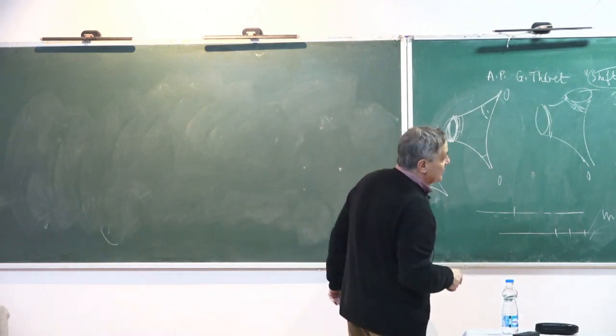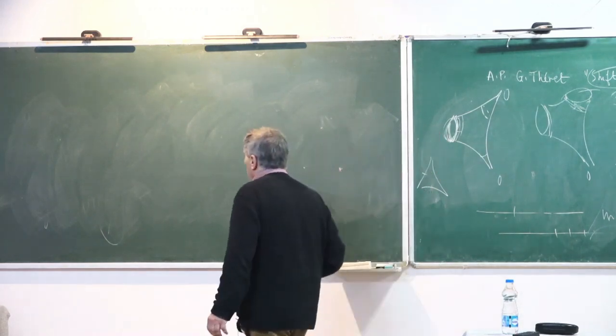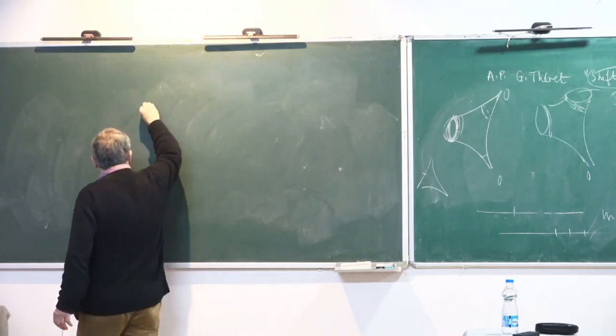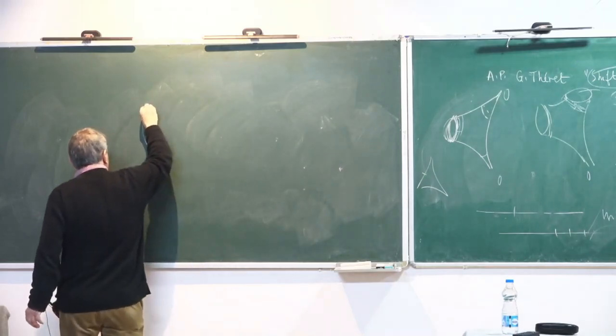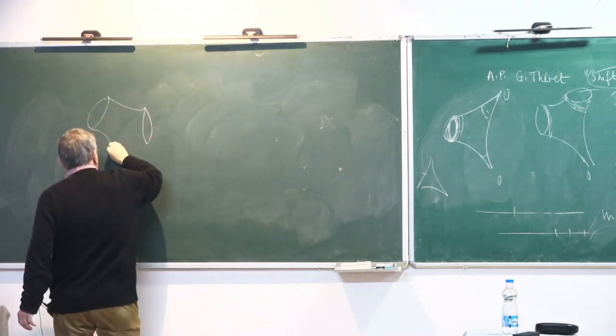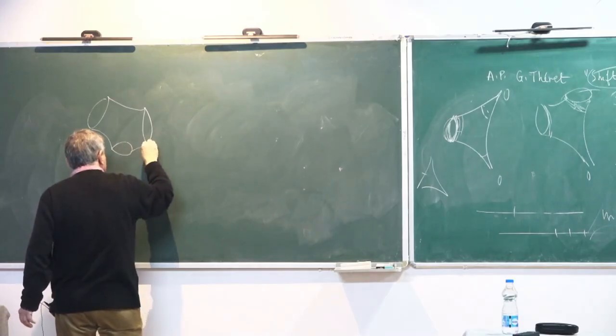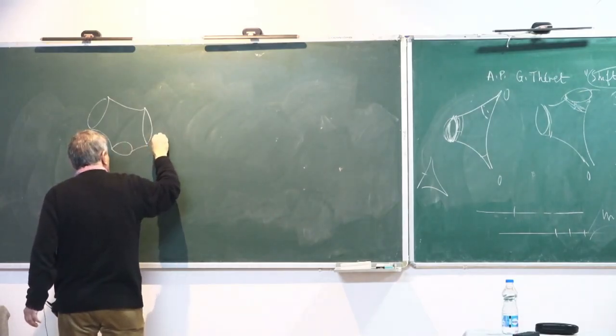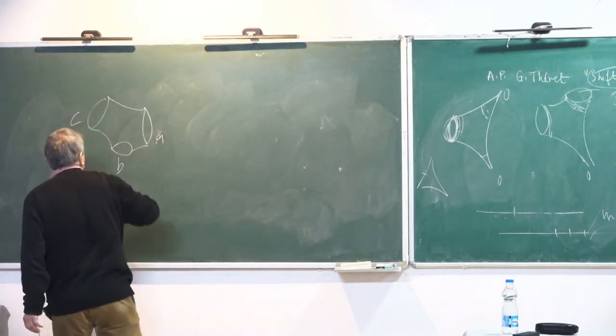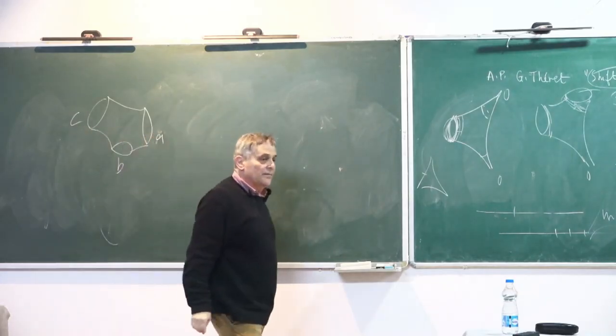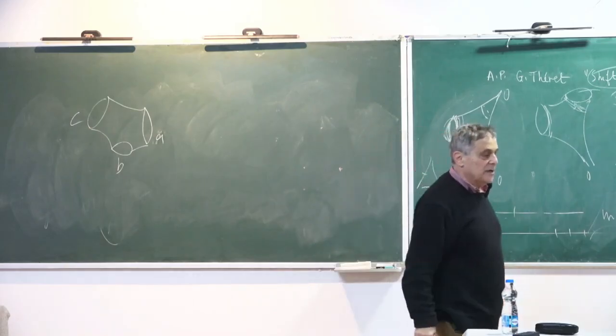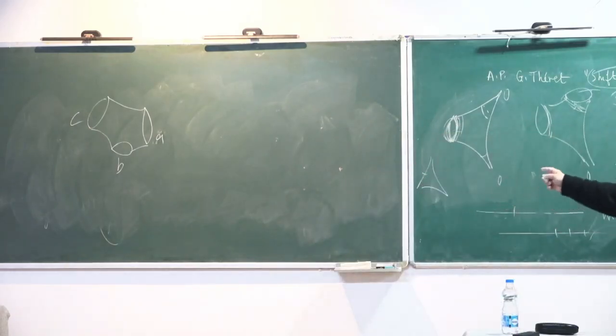I think we have constructed generalized pairs of pants. Now, you see, I know how to construct a pair of pants, let's call it ABC, with arbitrary lengths of boundary components.